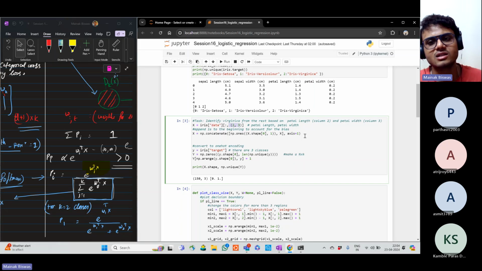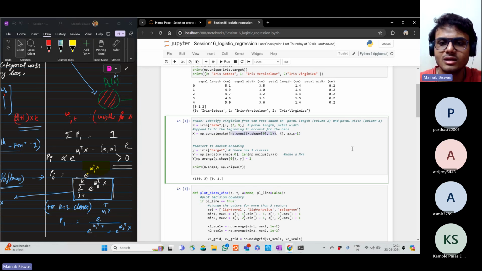And then I just concatenate these columns with a column of ones, because I want to have the bias term also.